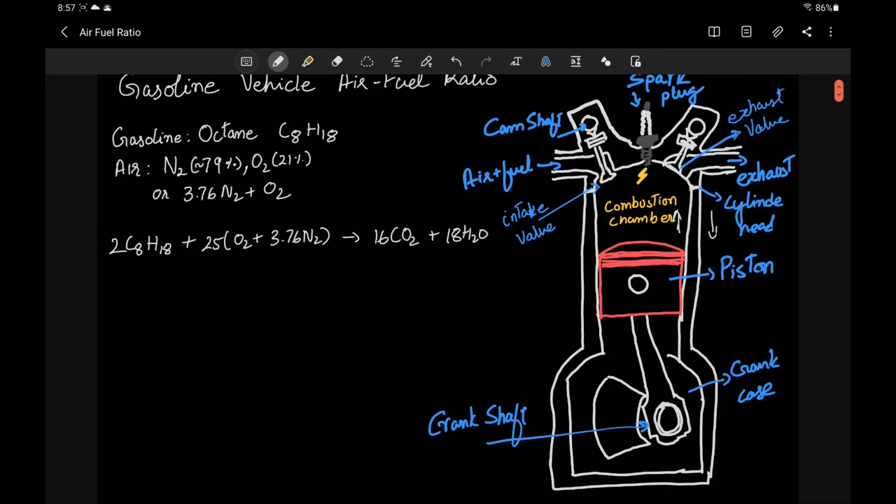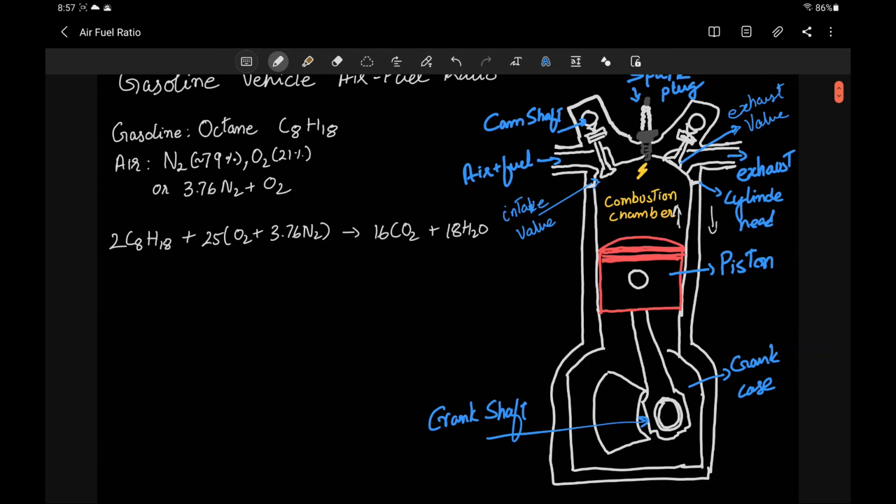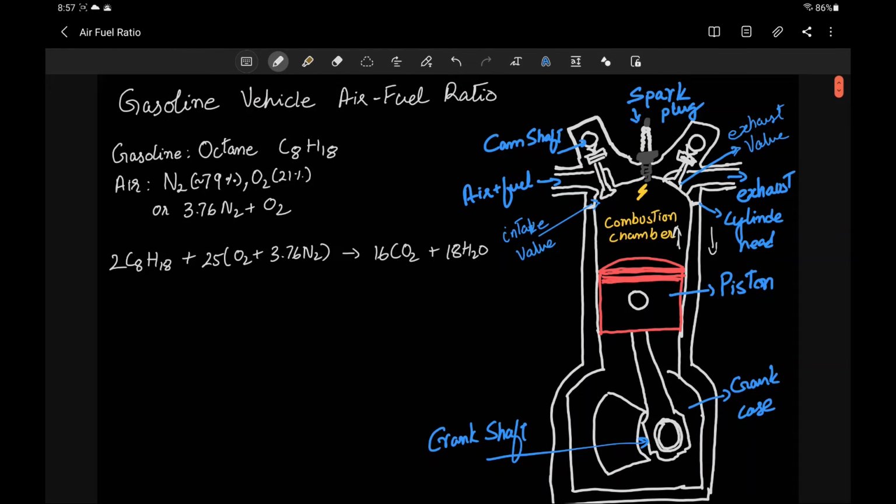Let's see by weight how much this would be. So we want to see the air to fuel ratio.